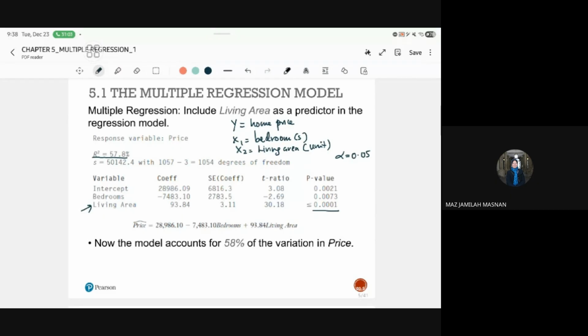When I say significant to the model, it is important to the home price, evaluating a single predictor to the Y. Significant means that living area is important to home price. Important or not important?